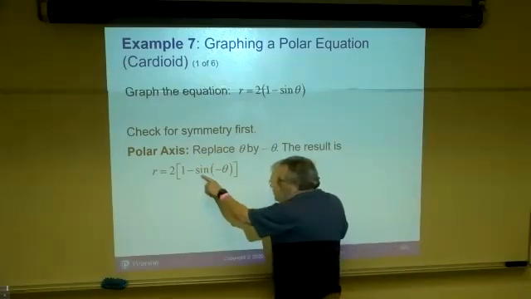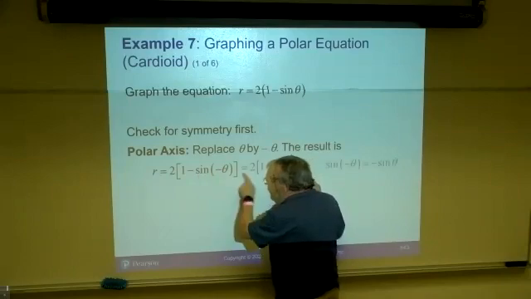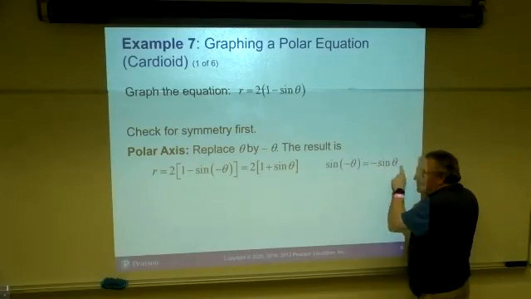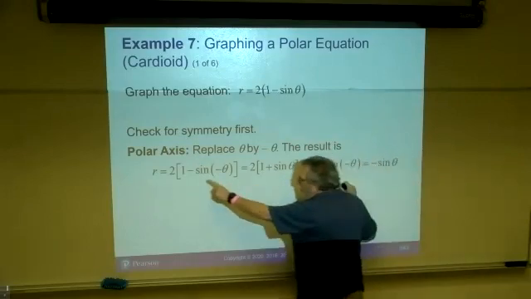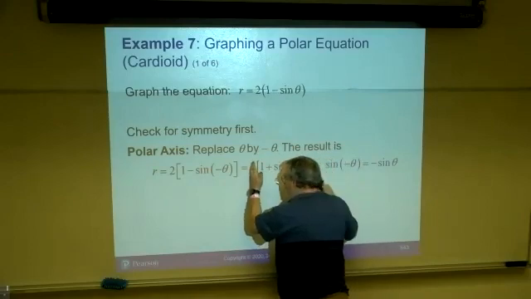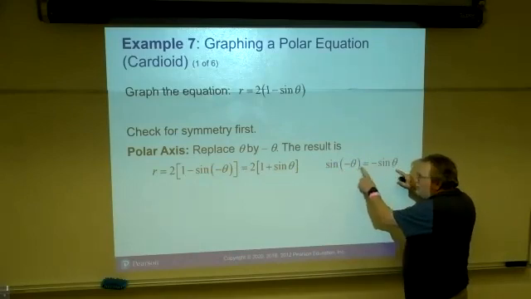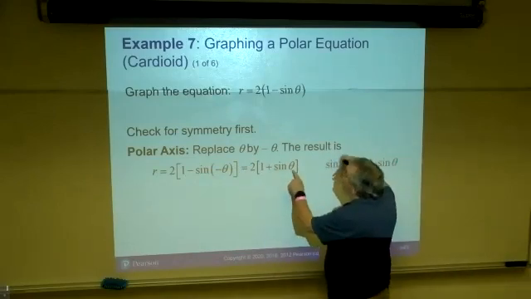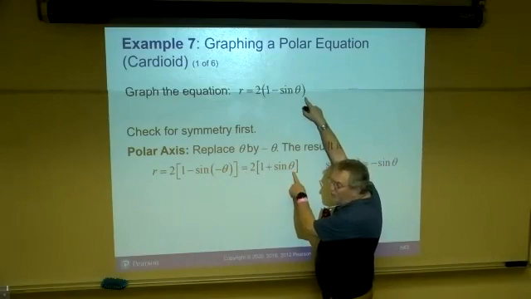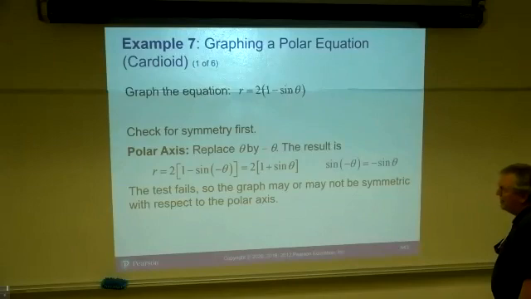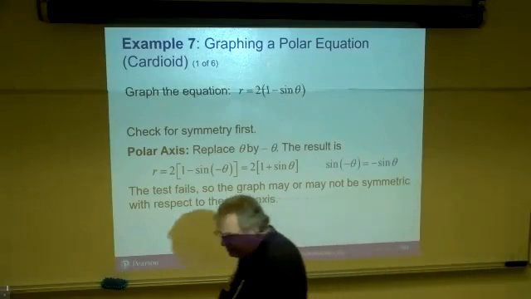Yeah. So sine of negative theta is the negative of sine of theta. So I'm subtracting, and I wish they had put that here, I'm subtracting a negative sine theta, which means I'm adding sine theta, which is a different function than this one up here. So it failed the test. That doesn't mean it doesn't have that kind of symmetry. It just says the test says it doesn't have it definitively.